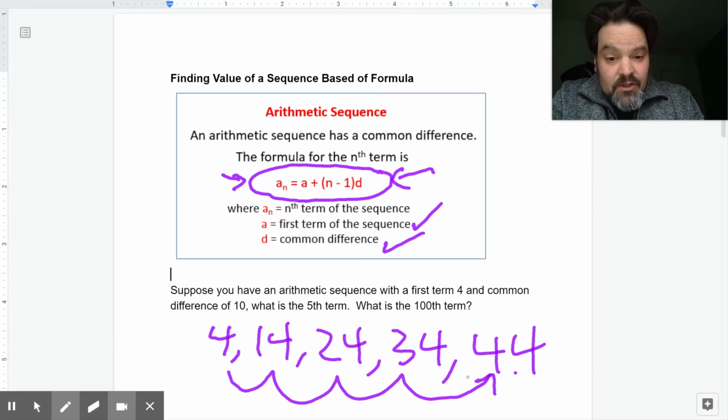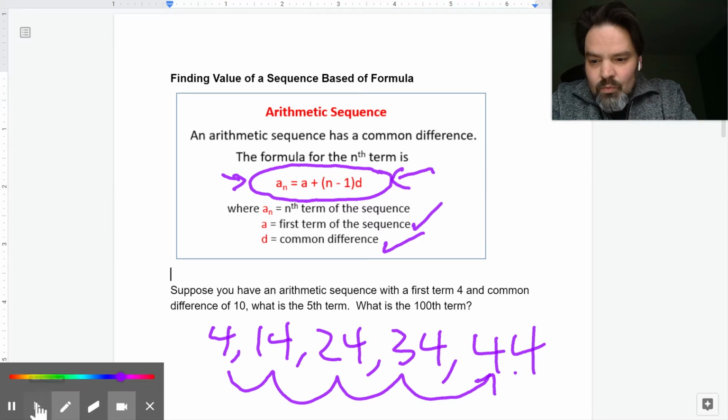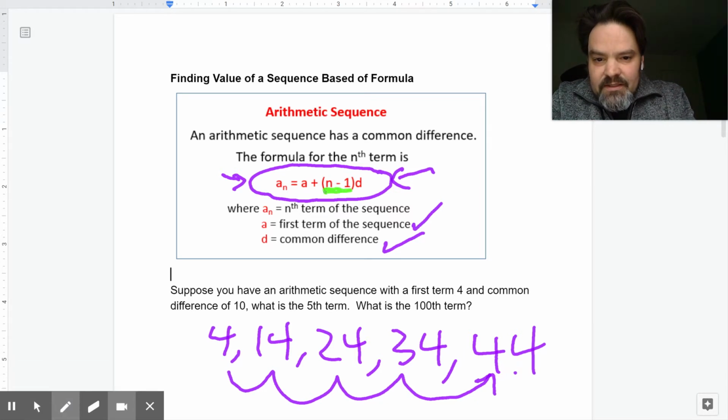We did the fifth term, so we added 10 4 times. That's where this n minus 1 comes into our formula. The n minus 1 represents how many times you need to multiply by d, which is your common difference. That's how we get the formula.